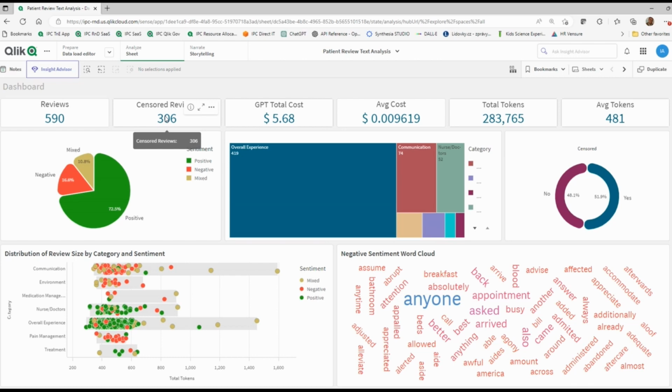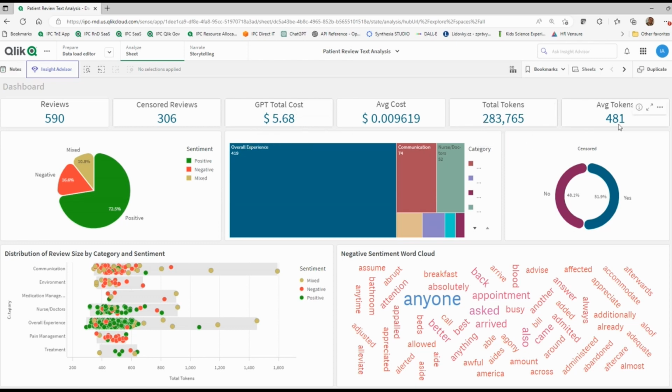And because we used one specific large language model for this analysis, the ChatGPT API, there was a cost, which per transaction was very small. Processing almost 600 reviews cost us less than $6, with 3 questions asked for each review.